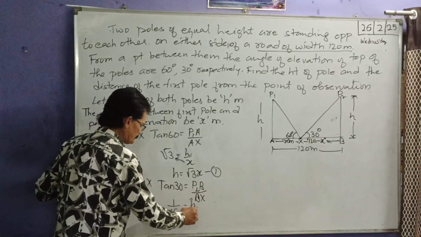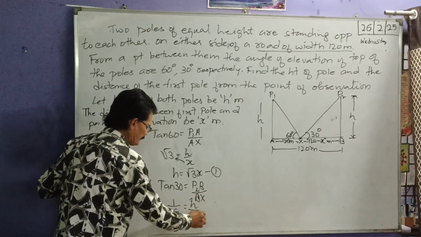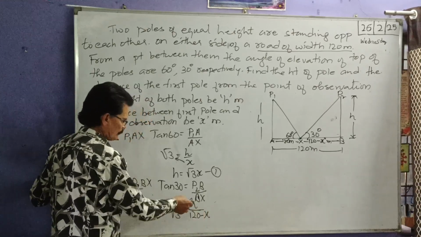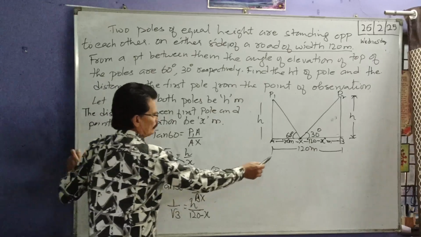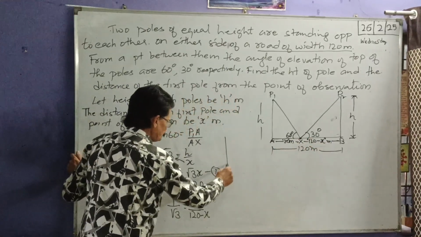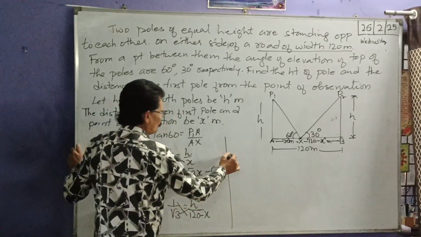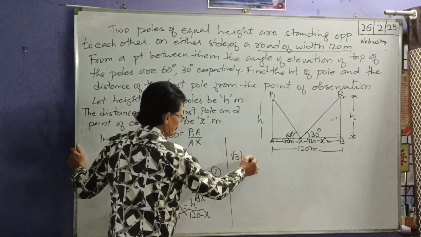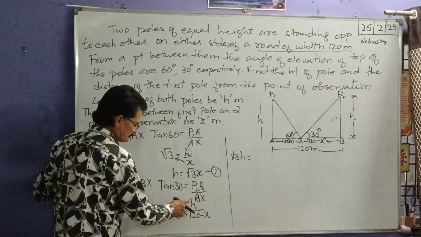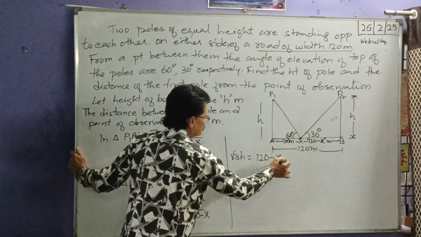P2B is H, and BX is 120 minus X. You can see BX, no? BX is 120 minus X. Cross multiplying, root 3H is equal to 120 minus X.